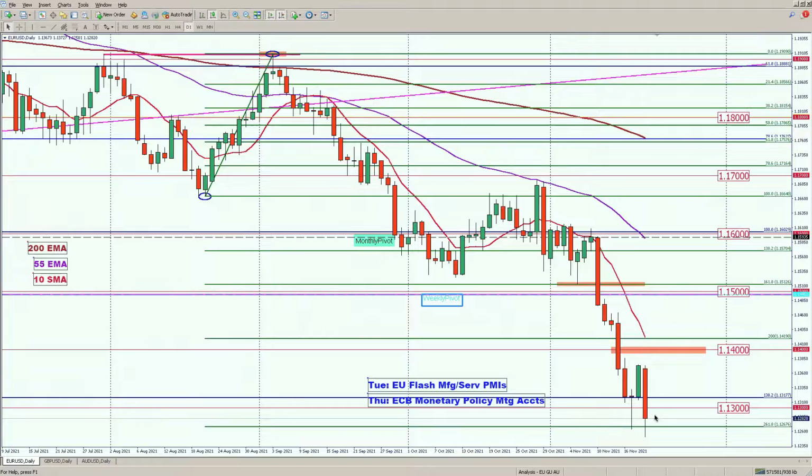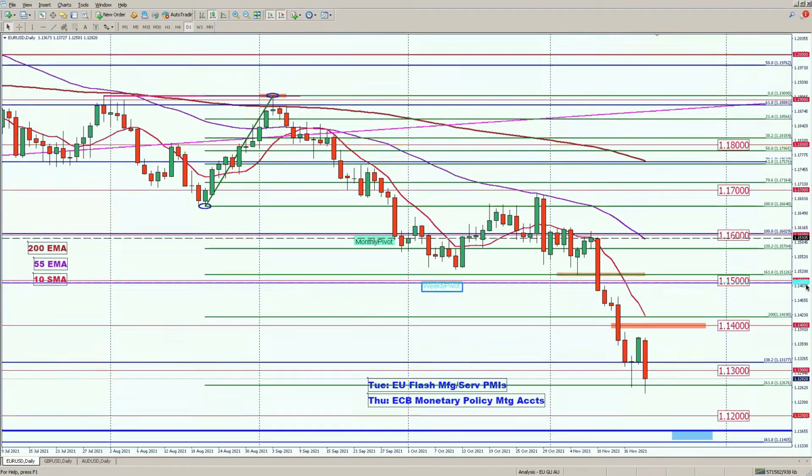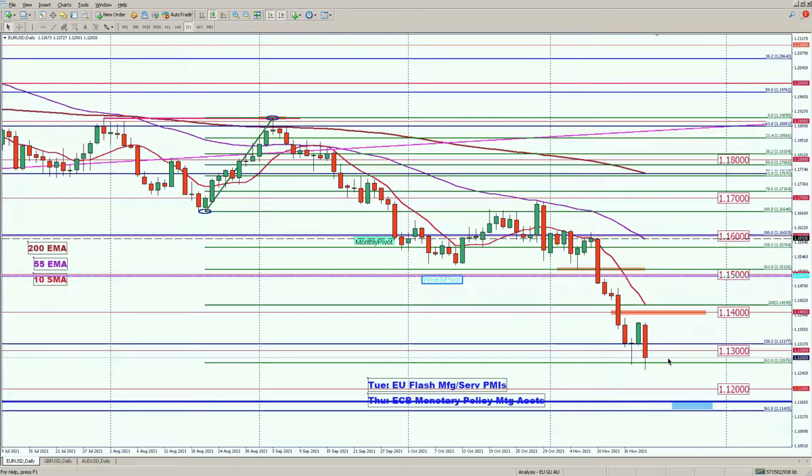So let's see. It could be a dip lower, but I think there could be some interim support to push it back up. We could try to reach this resistance swing area before getting rejected. And that 262 fib is at 112.67. It dipped to a low of 112.50.